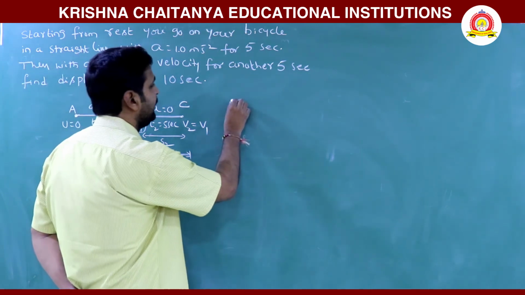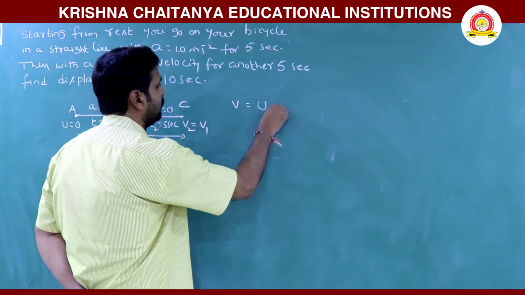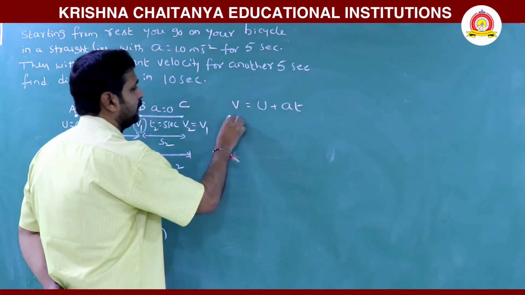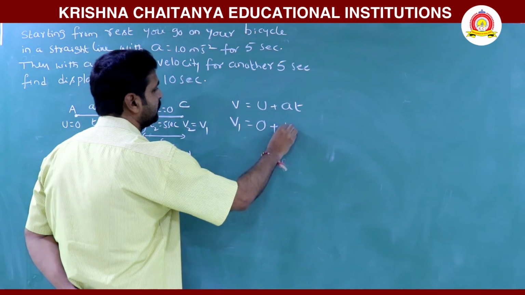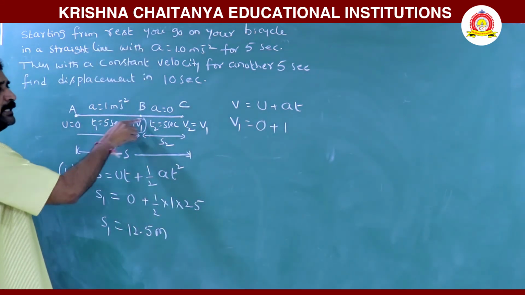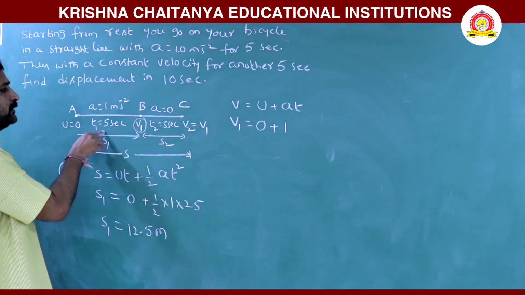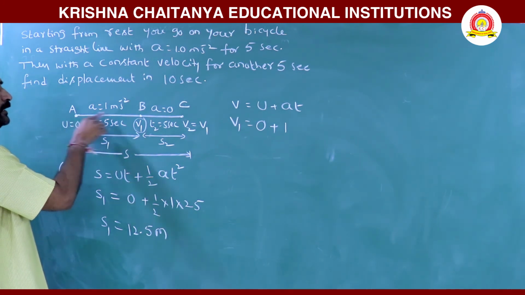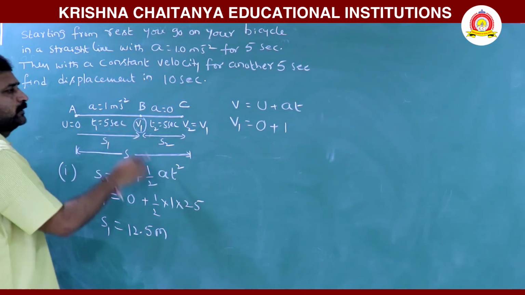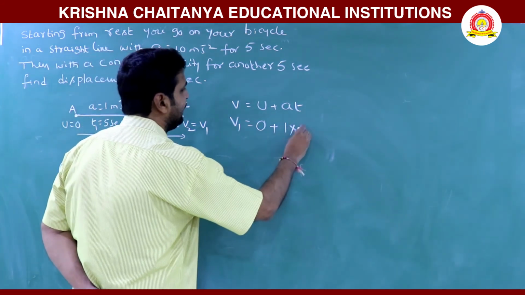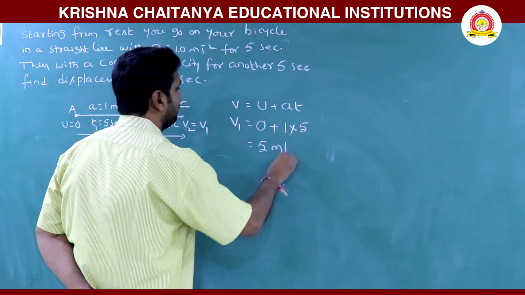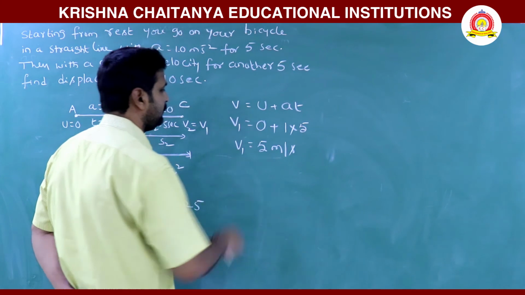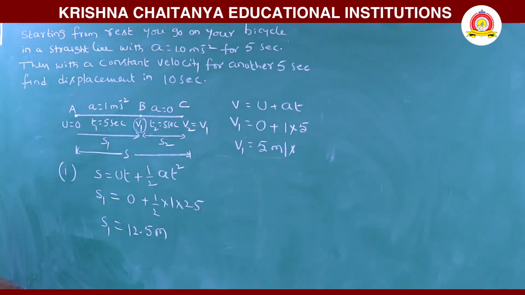So we can write V is equal to u plus at. V is V1, u is 0, a is 1. For this time interval we are writing acceleration 1, time 5 seconds. Then you will get the final velocity for this journey from A to B. So into t is 5 seconds. So this is 5 meters per second. V1 is 5 meters per second.